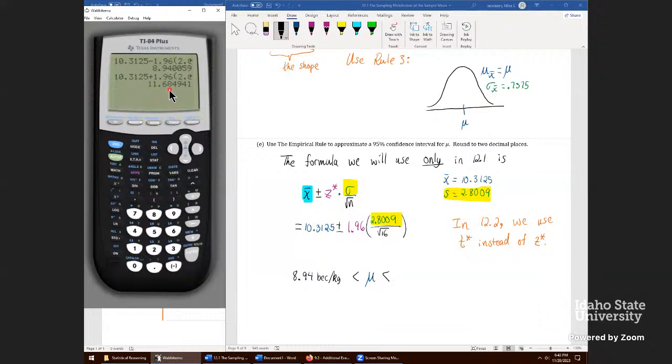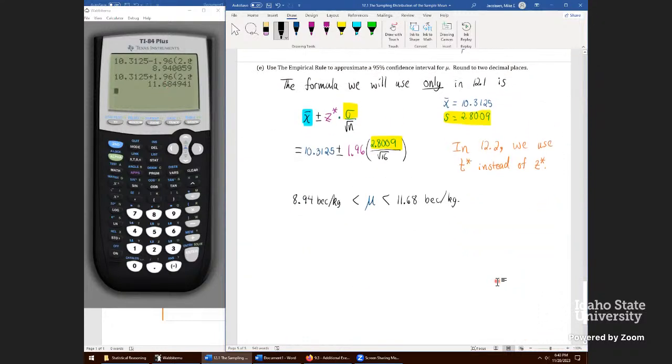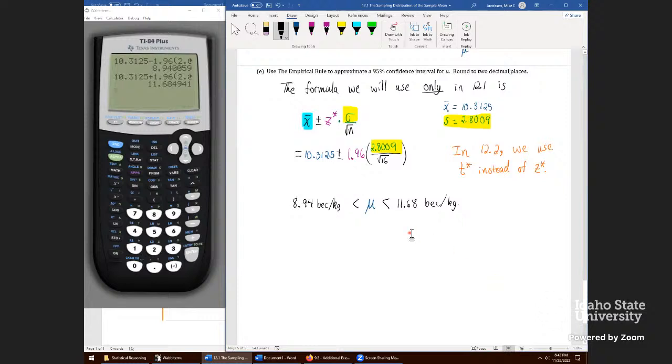Now this one to 2 decimal places will be 11.68 becquerels per kilogram of dry tissue, dry fish tissue, as gnarly as that sounds. So we've got it, folks. That's our entire confidence interval. And looks like I didn't ask for a practical interpretation, but that should have been the next step. Let's do that right next. First, any questions at all, folks, on doing this procedure here?